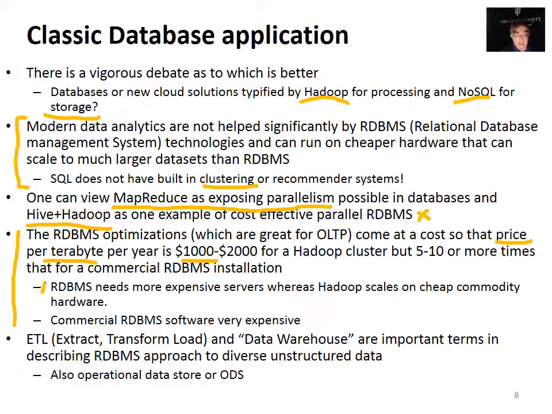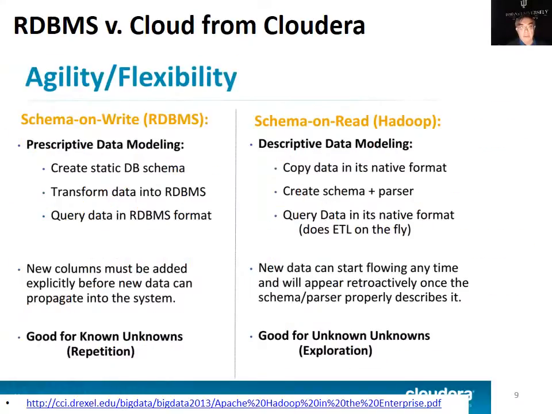Relational databases, as they don't scale so well in distributed memory parallelism, often need larger, more expensive servers, whereas Hadoop scales on commodity, cheap systems. If you work in this area, you'll find terms like extract, transform, load, and data warehouse as important aspects of how one deals with enterprise data with these technologies. ODS, operational data store, is another useful term that one will come across.